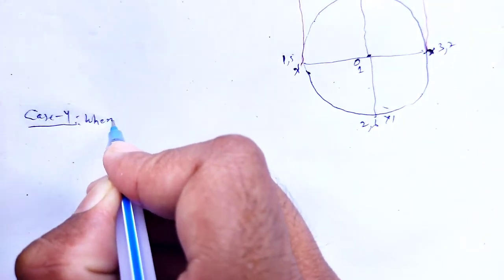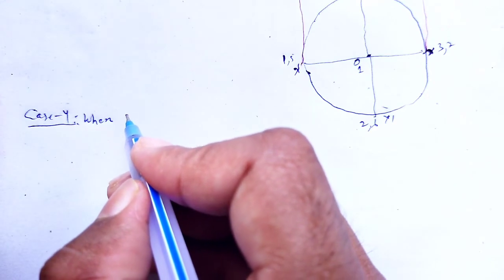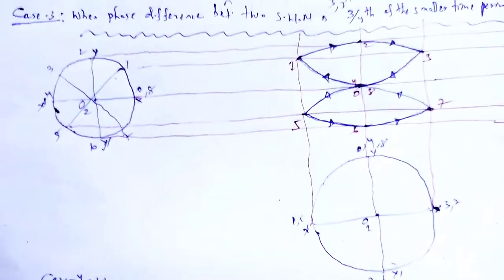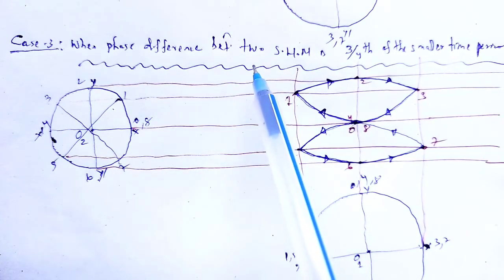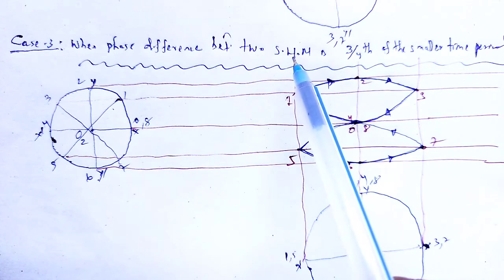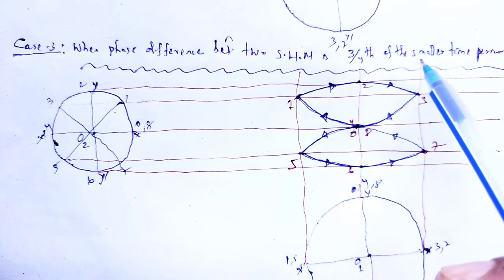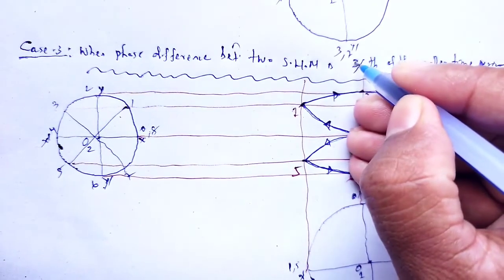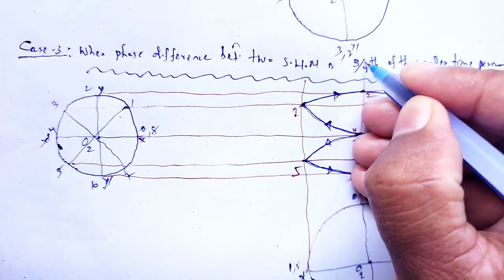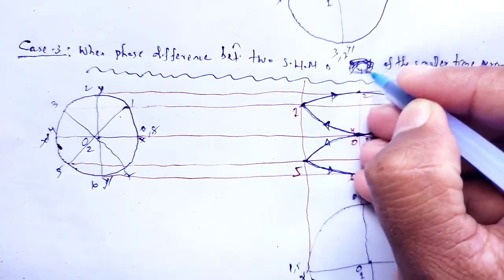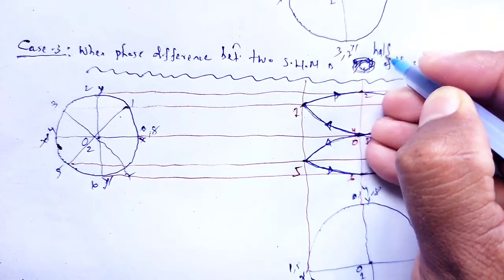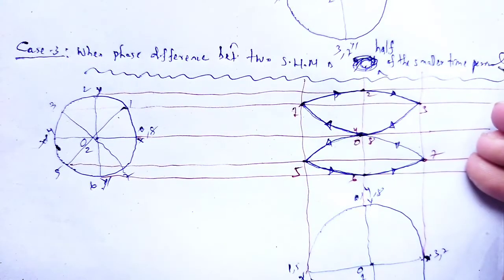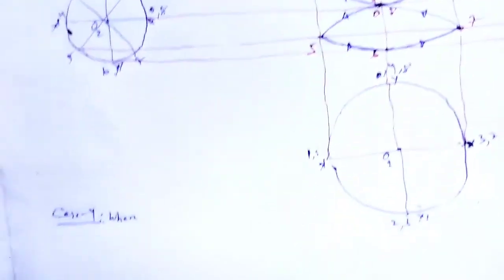Next, case number 4. When the phase difference between the SHM is half of that of the smaller time period. This is 1/2, that is the half of that of the smaller time period. Next we calculate 3/4.